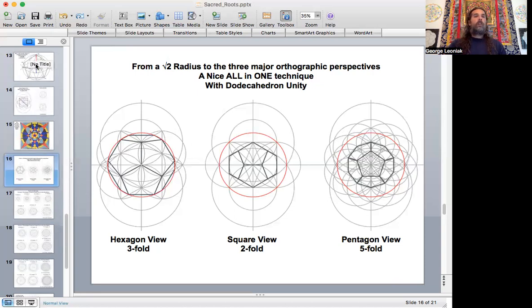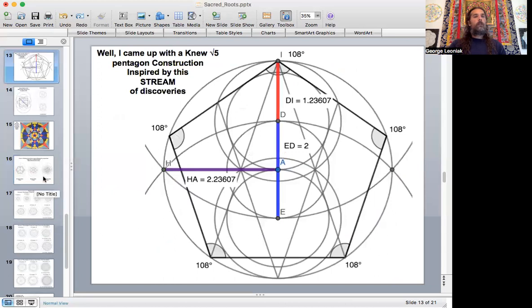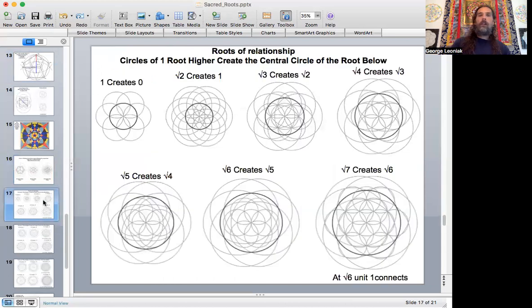All right, so the next one here is the kind of flow that I've been in recently working with this, which is to look at these roots of relationship.